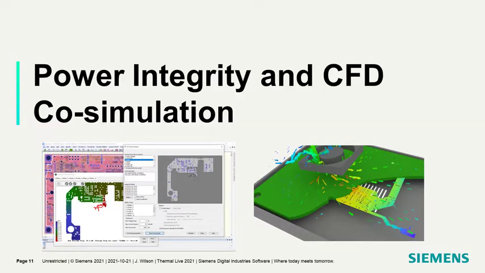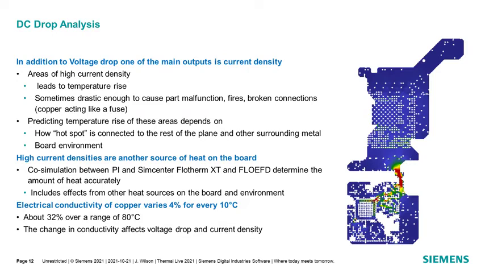First, we'll talk about power integrity or electrothermal and CFD co-simulation. Before we look at the co-simulation process, I thought it was important to review the actual DC drop analysis. So the power integrity simulation is also commonly known as DC drop or voltage drop analysis.